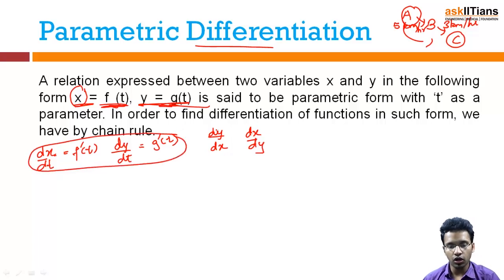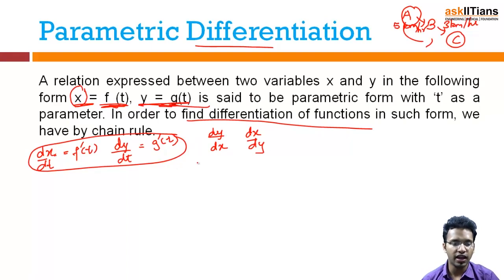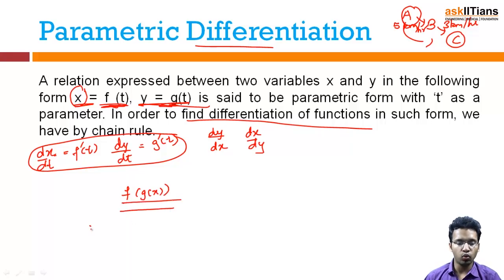In order to find the differentiation, we have the chain rule. Chain rule again says that it's similar to that thing, where x is f of t and y is g of t in this question.